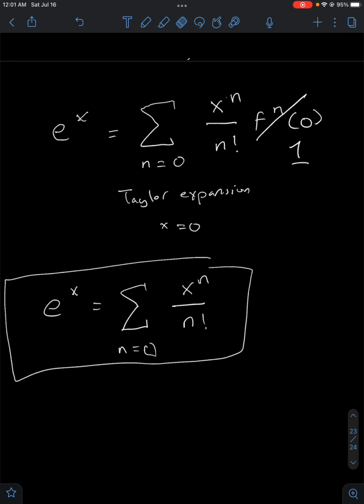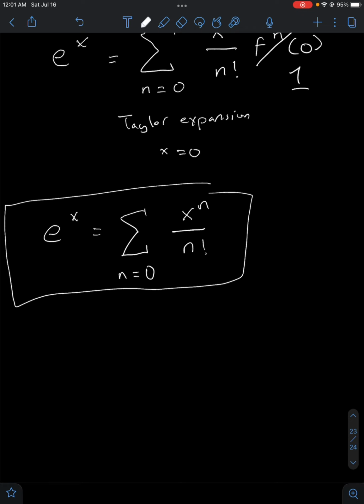So to find the Taylor series expansion of e to the i theta, all we have to do is just plug in i theta for x. So e to the i theta is just going to be equal to the sum from n equals 0 of (i theta) to the n over n factorial.